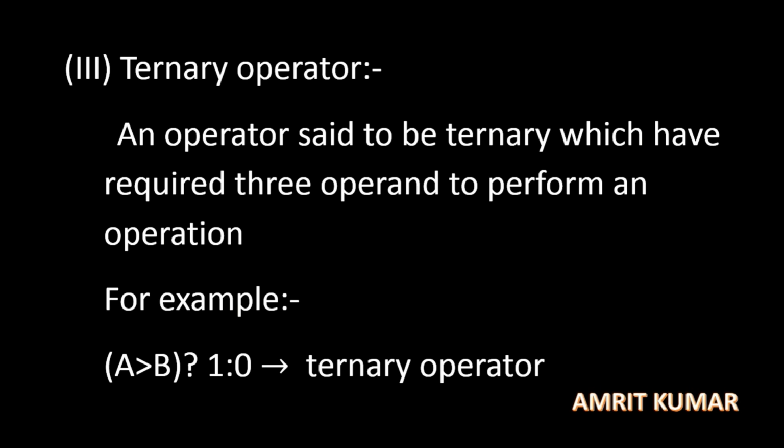In the binary operator, we studied that operator which requires two operands to perform an operation. And here in the ternary operator, we have learned that a ternary operator is that operator which requires three operands to perform an operation.